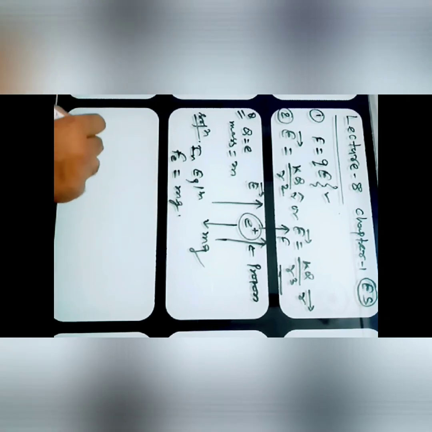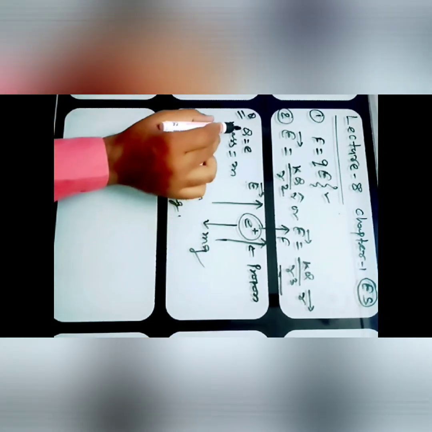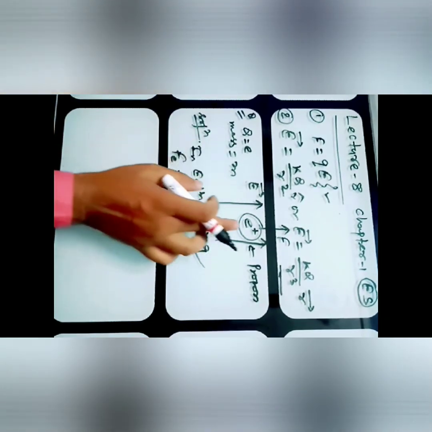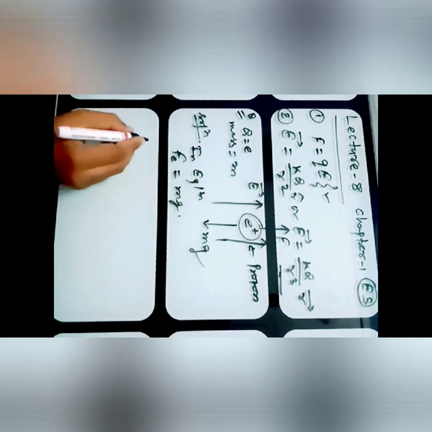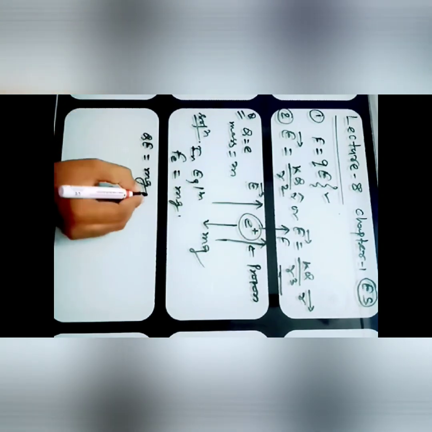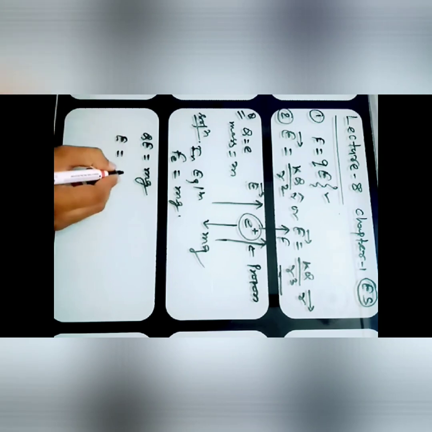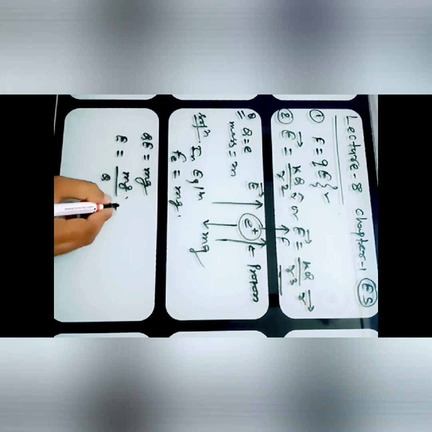The question was to find the strength of the electric field. Of course, if this charge is q and it is placed in electric field E, then the electrostatic force is qE, and it is equal to mg. So the strength of the electric field is mg divided by q. This is the magnitude.